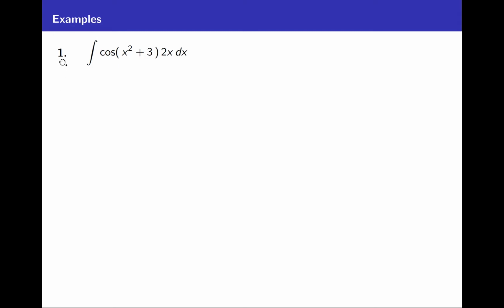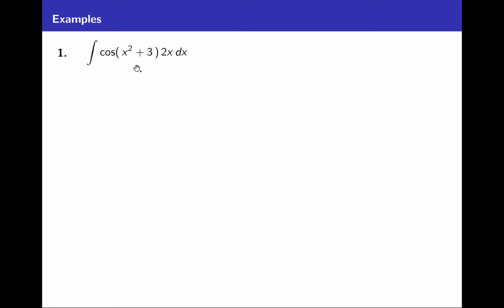For our first example, consider the integral of cosine of x squared plus 3 times 2x dx. This is a complicated integral that doesn't match any familiar integration rule. Let's see if we can use substitution to convert it to a simple integral that we do have a rule for.